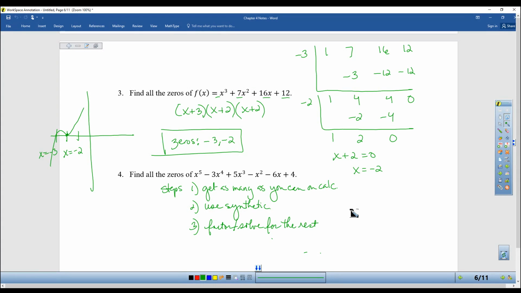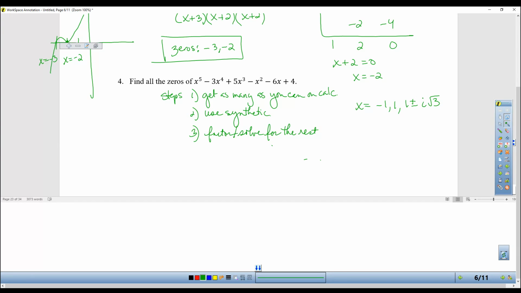If you're ready to try this one on your own, I will tell you that the answers are -1, 1, and 1 plus or minus i square roots of 3. All right, so if you weren't ready to try this on your own, of course, I'm going to do it for you. So assuming that you can look at these and get those two on your calculator, then let's actually plug those in.